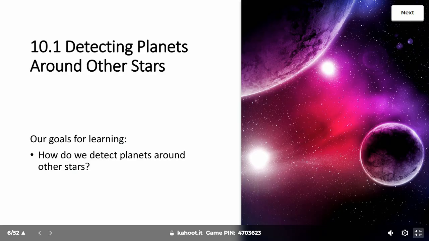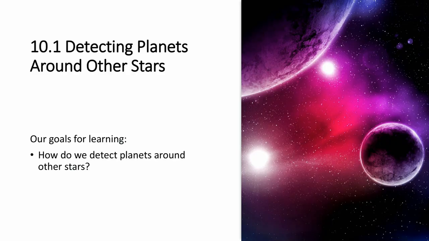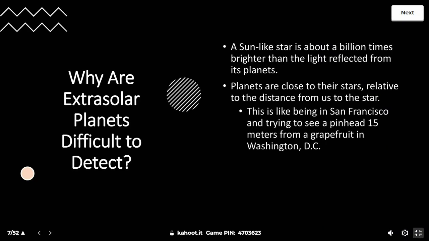So we'll start by talking about how we detect planets around other stars. But this is a very difficult thing to do. Stars are the things that are going to be emitting the most light, so planets are not really going to emit a lot of their own light.